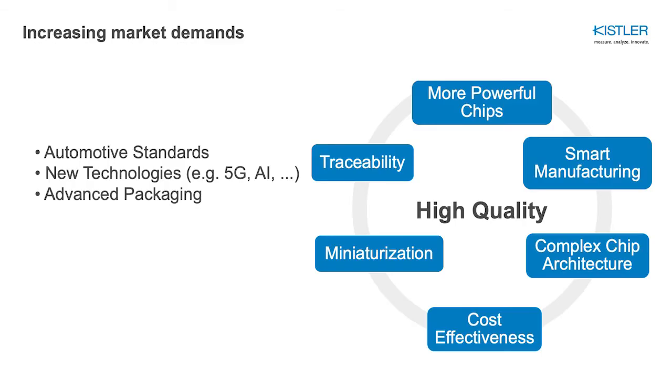We are facing new product requirements from technologies like 5G, artificial intelligence, and smart manufacturing, which require more powerful chips, ramping up the need for continued miniaturization combined with complex chip architectures and requiring more advanced packaging.